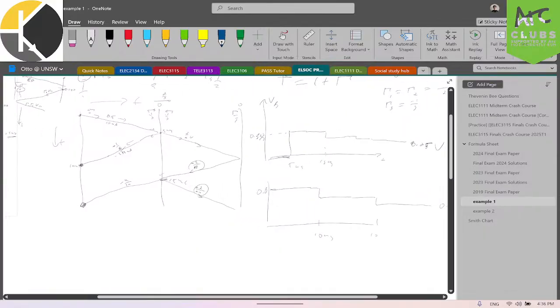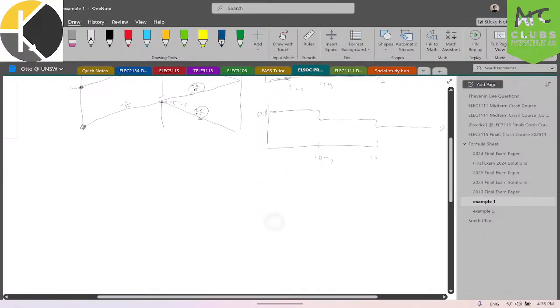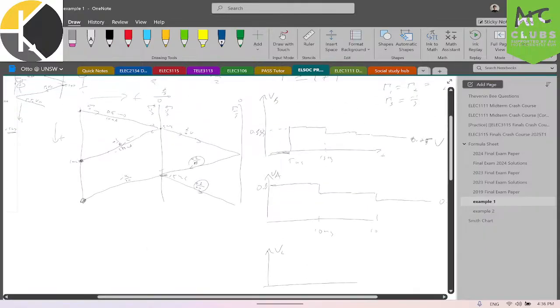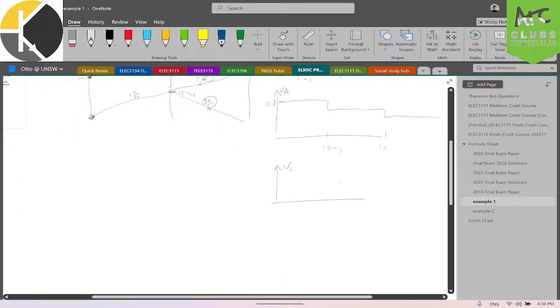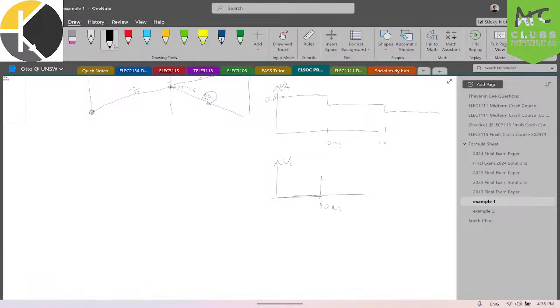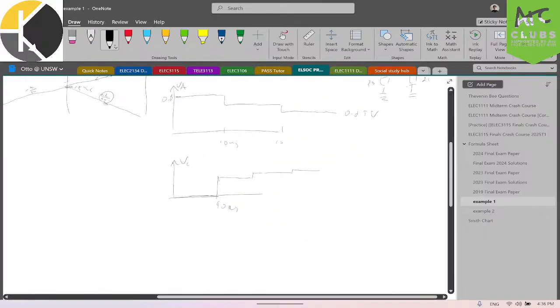And the voltage at the load, this is VA, and this is V load, will stay at 0 until 10 nanoseconds as well, and then grow a little bit until it reaches 0.25 as well.